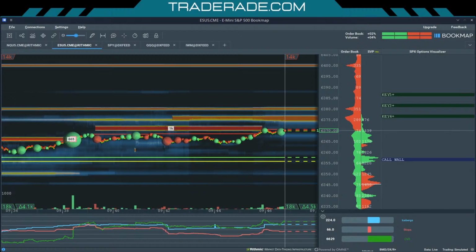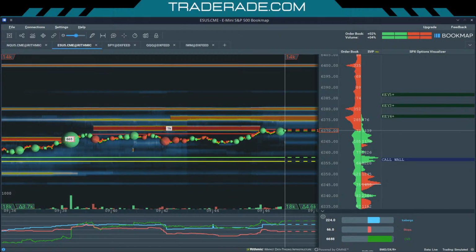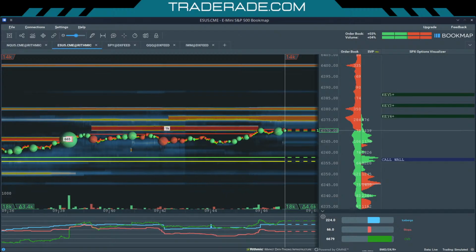But I would be looking at things a little more constructively here. We've got about 13 minutes till we get the next data print, which is ISM Services PMI.